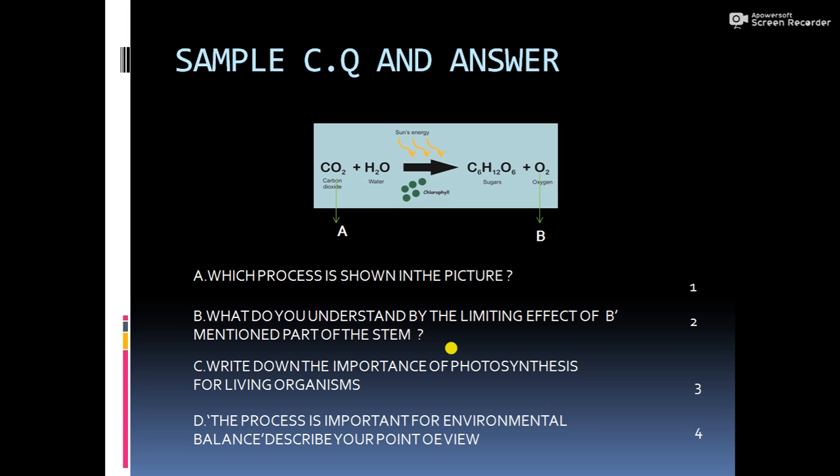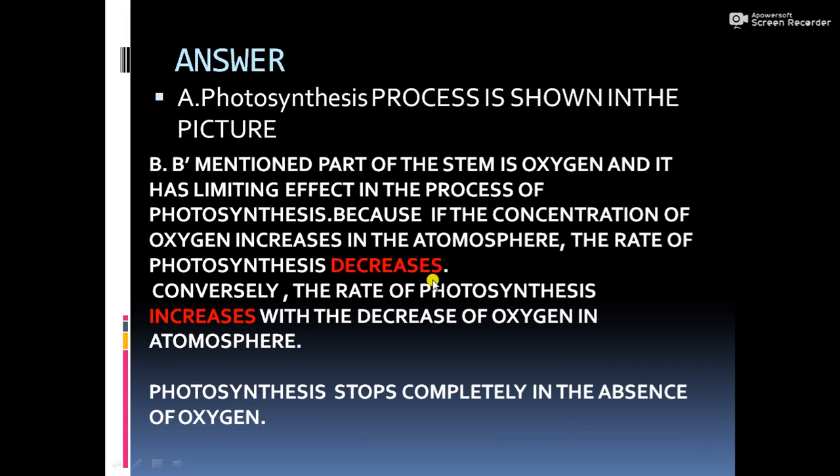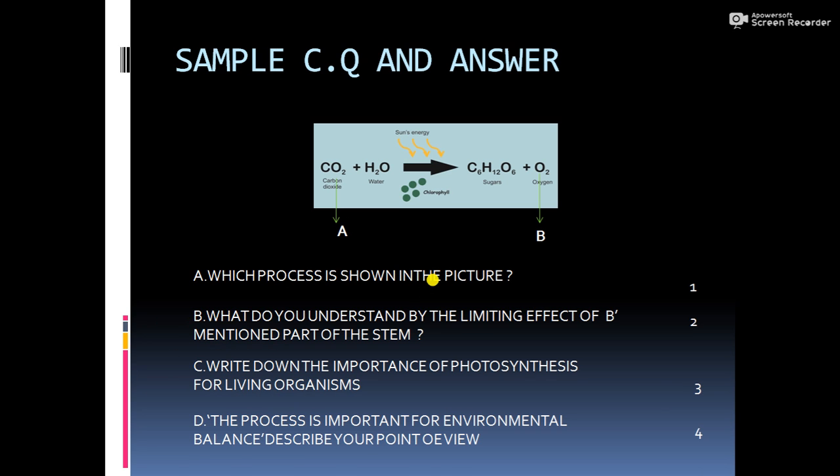So the question: here we can see an image showing a process and marking two substances. One is A and another is mentioned as B. Question A of the creative question carries marks 1: which process is shown in the picture? The answer is here. The photosynthesis process is shown in the picture.